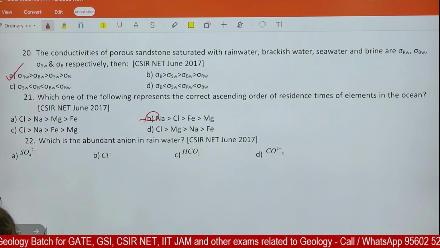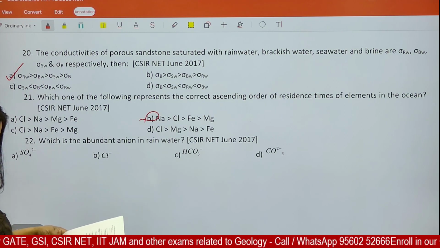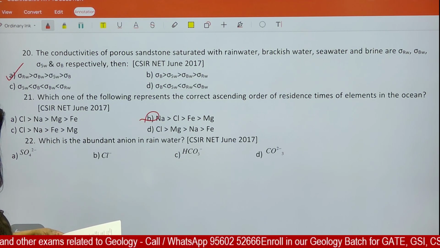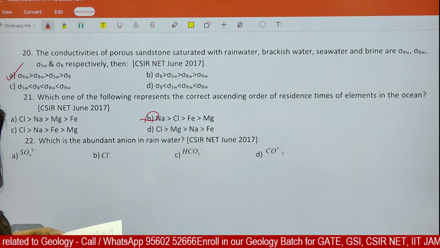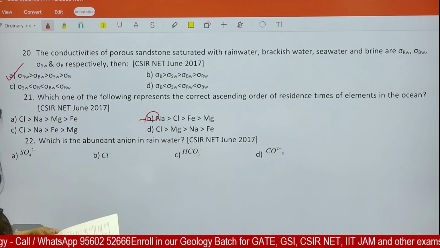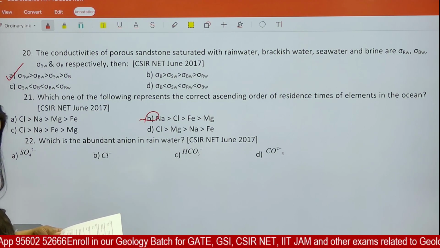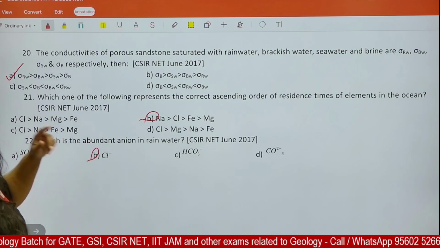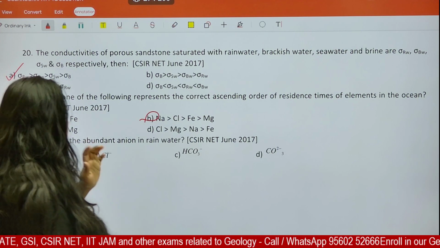Which is the most abundant anion in rainwater? SO4 2 minus, Cl minus, HCO3 minus, CO3 2 minus. The answer will be B. This is the most abundant anion in rainwater.